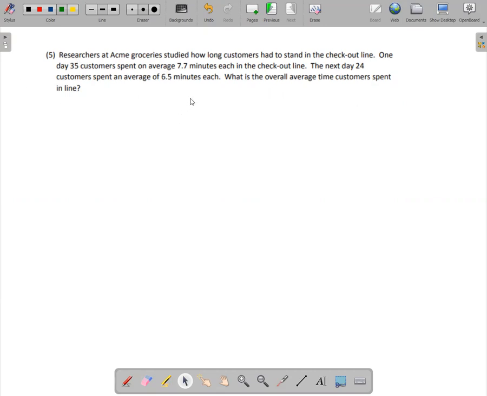If you didn't already come up with this one here, all we do is take the amount times the average. Here we go. So 35 customers times 7.7, that would be the total amount of time on that one day those customers spent in line.